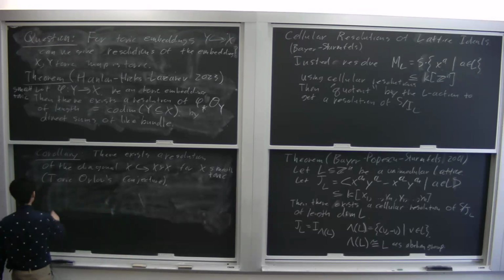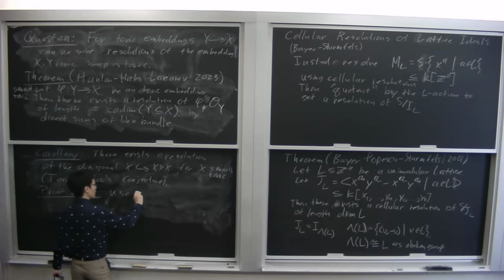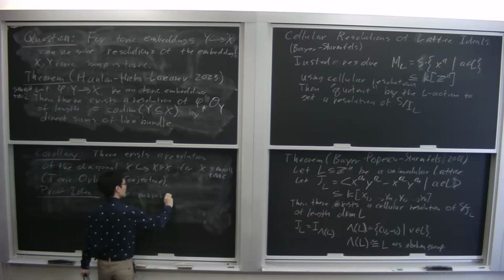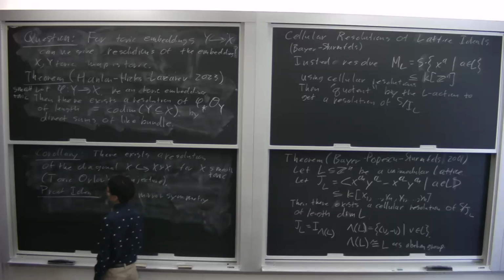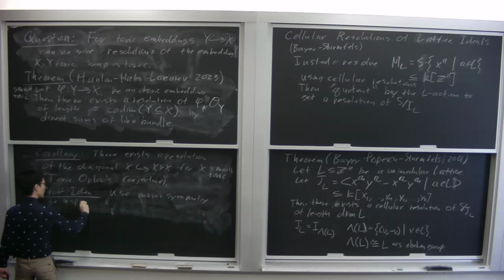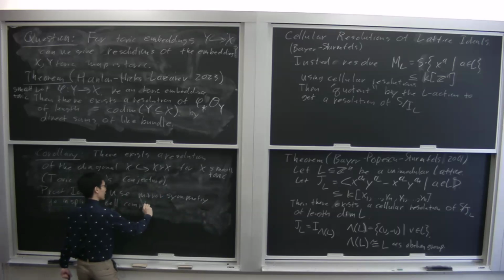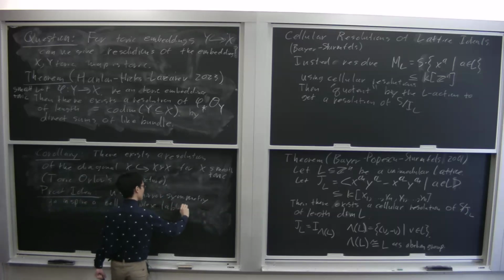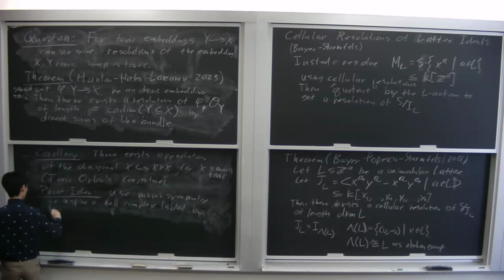So broadly speaking, the proof idea: use mirror symmetry to inspire a cell structure, a cell complex labeled by line bundles, and not a space.